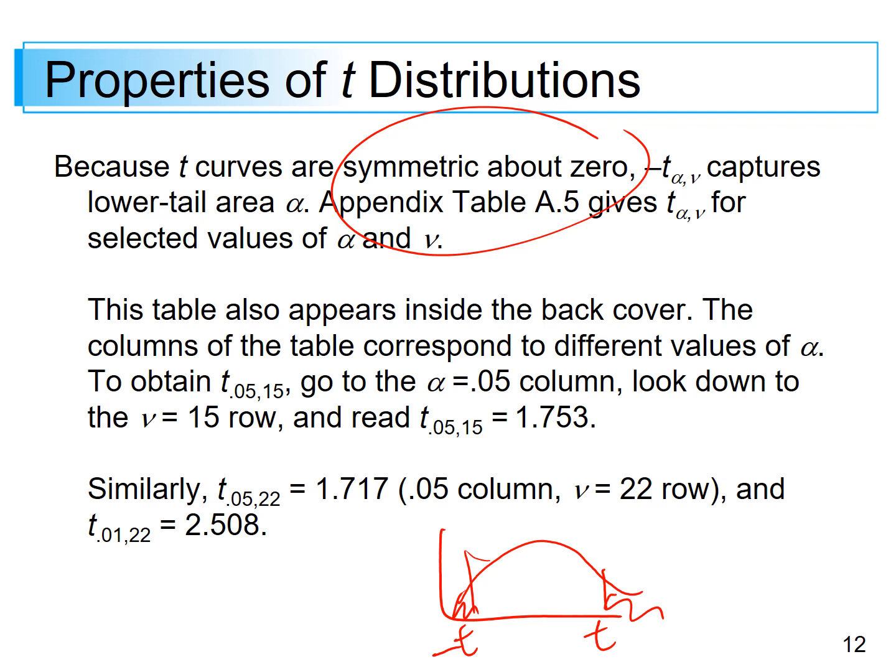Table 8.5 gives us the t values for selected combinations of alpha and nu. To find the t value of a combination of alpha and nu, we find the column with a specific alpha value and the row with the degrees of freedom value. We will go through an example in class.